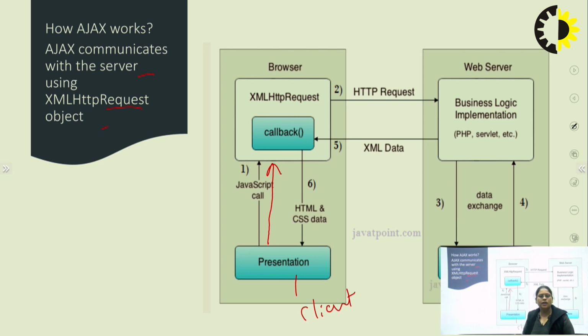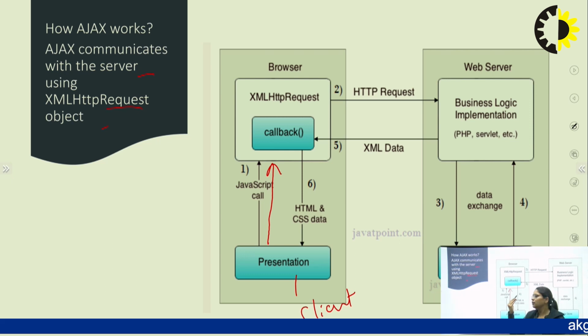It will convert it into an XMLHttpRequest, because when the client wants to communicate with the server, an HTTP request goes to the server, and then the server receives that HTTP request and sends it to the servlet.